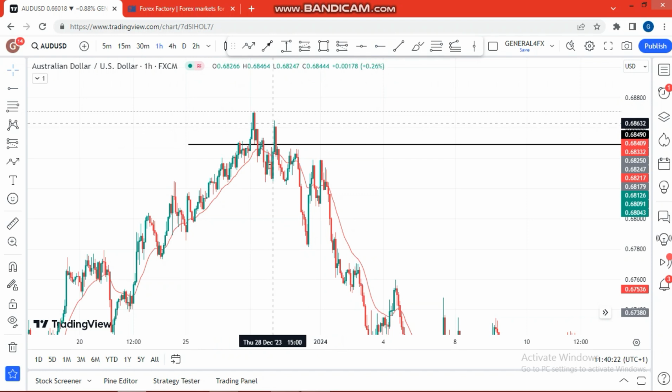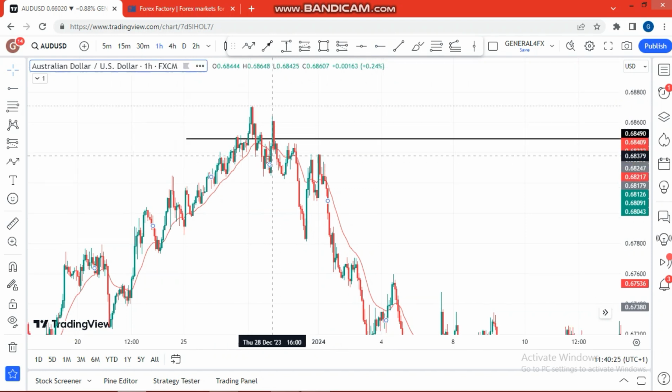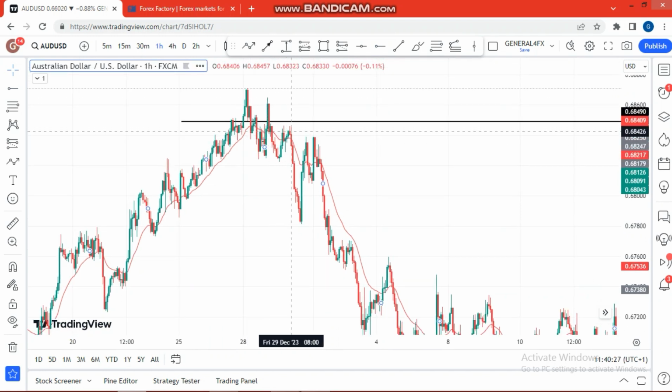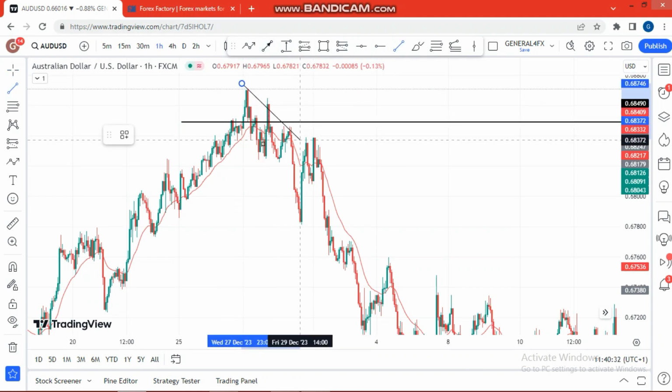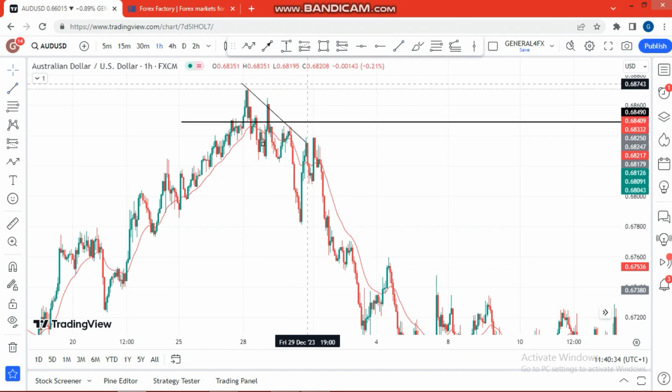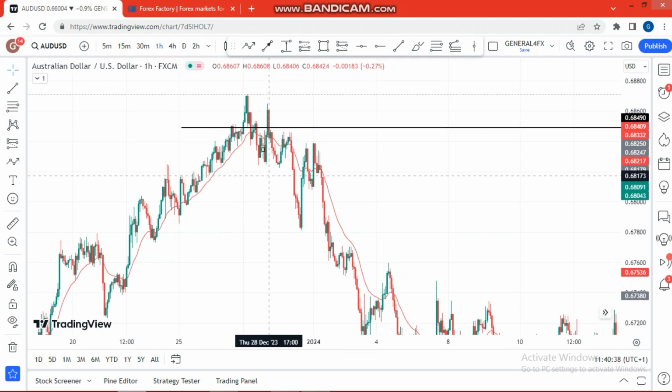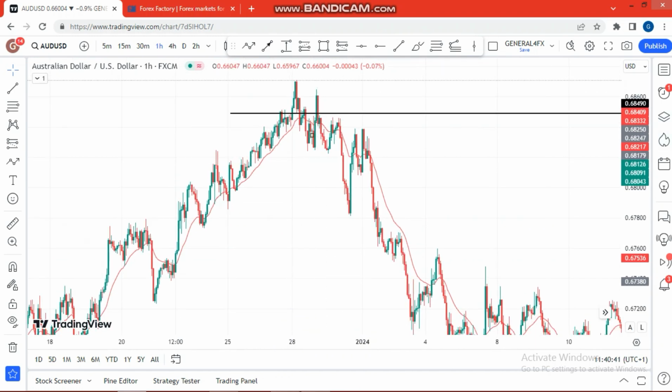Instead price tanked to the downside, giving us this market structure, and as you can see, it looks as if a downtrend is starting to begin in that area. That is why I was biased on a short.